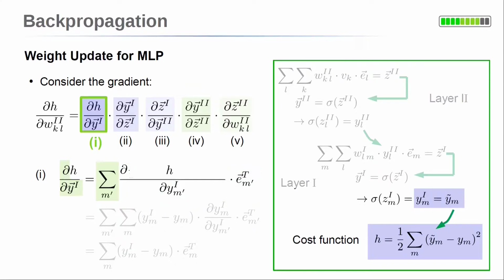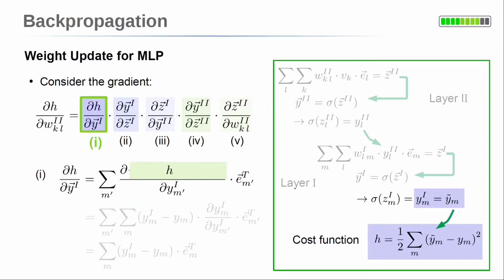The gradient is the sum over all components by m' of the gradient's component times the corresponding row unit vector. A gradient's component is the partial derivative of the cost function with respect to y_m' of layer number 1.